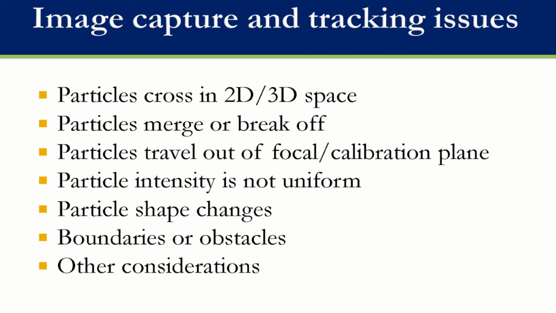The particles can travel in and out of the focal or calibration plane, which is also a feature in ProAnalyst, where you can calibrate your field of view for a given setup. The particle intensity is not necessarily uniform over the objects either, and the particle can change its shape as it moves through the field of interest.